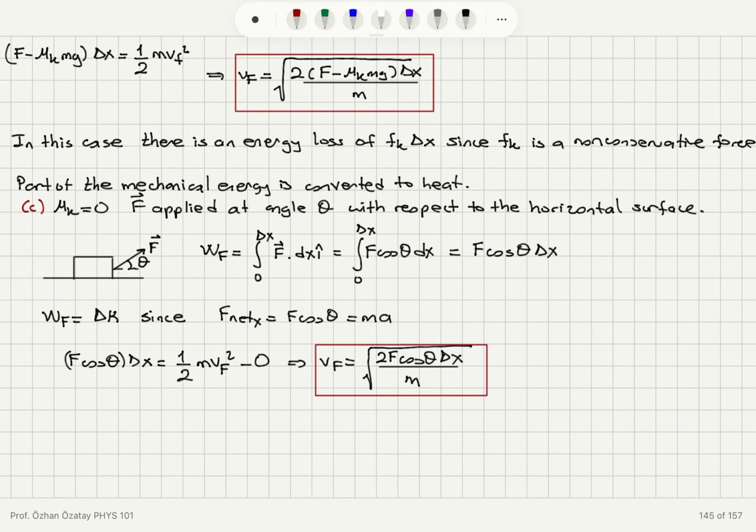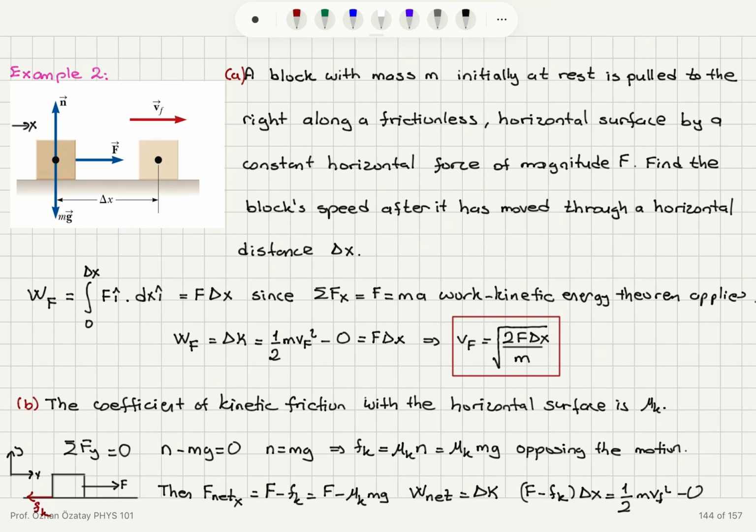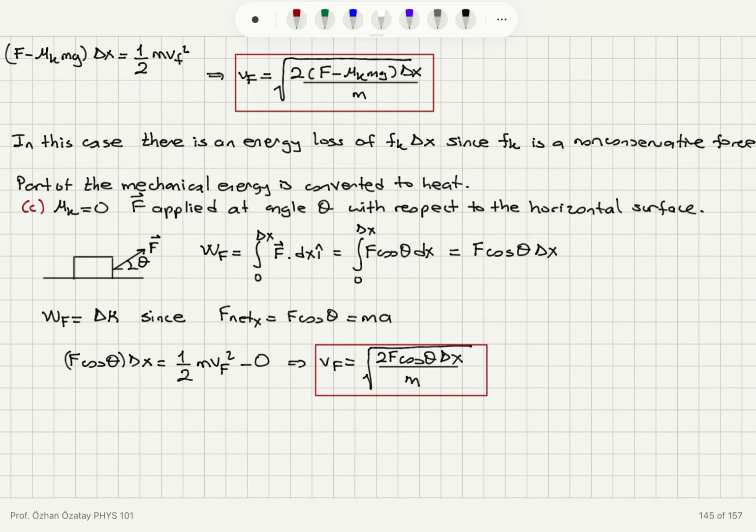So we can say that the final speed is reduced. Now, why was it reduced? Because part of the kinetic energy that was given by F is now converted to heat. It is lost to heat because the kinetic friction is a non-conservative force.